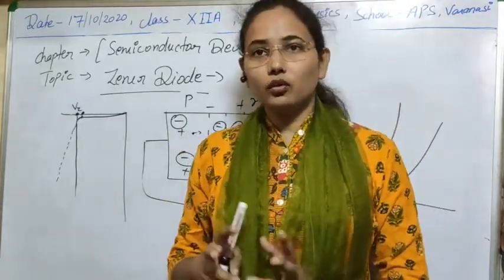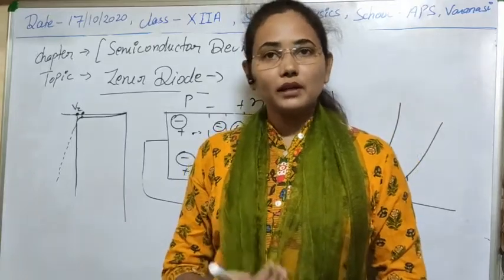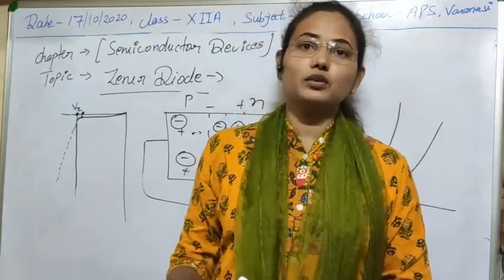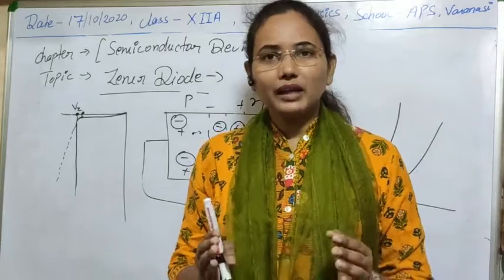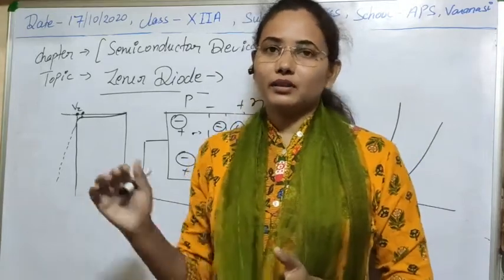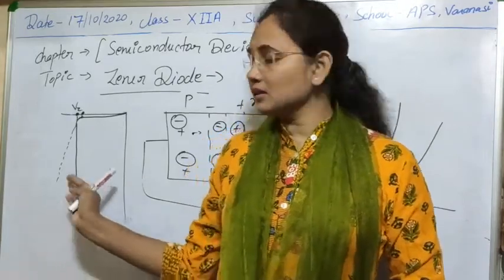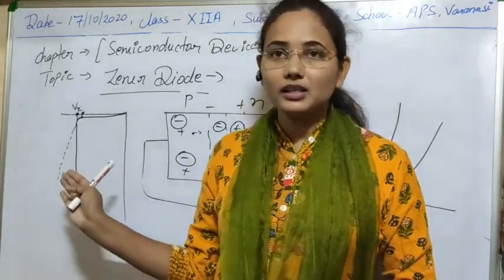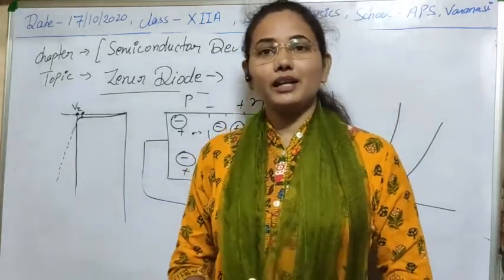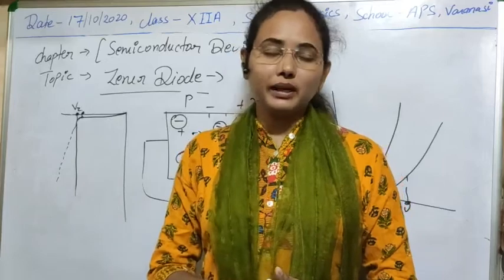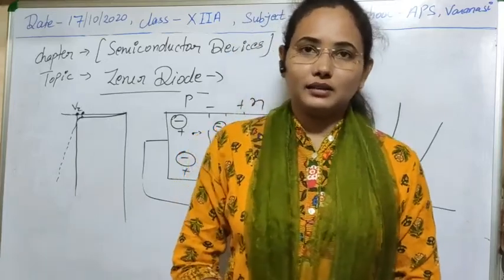Here the only difference is that the doping concentration is high in comparison to PN junction diode, and due to that high doping the reverse characteristics have a different nature than the PN junction diode, and we can use this different nature to make regulators and such things.